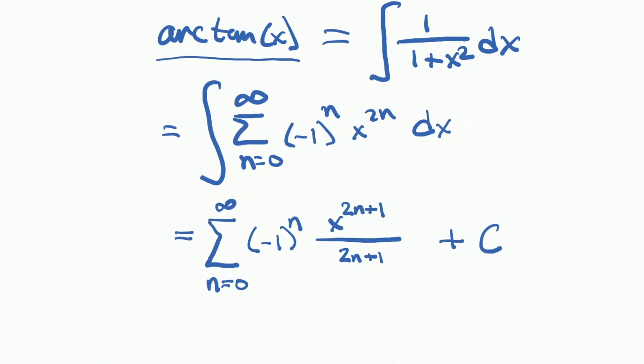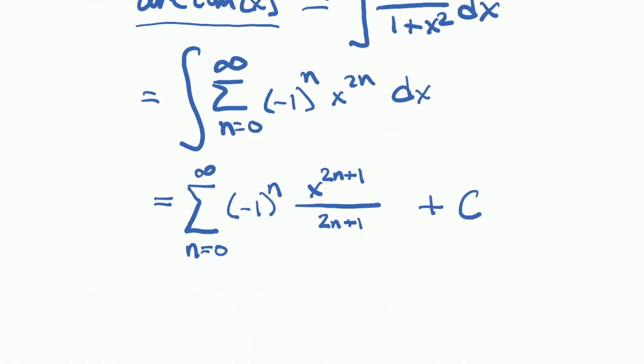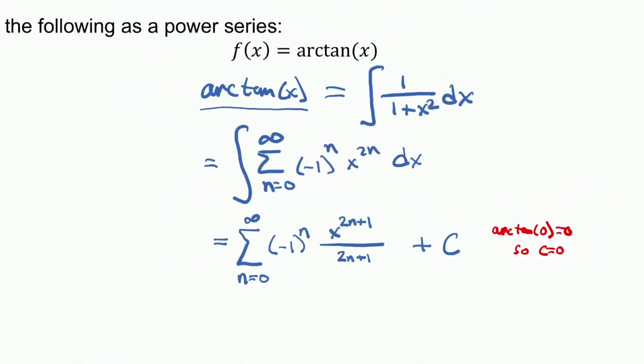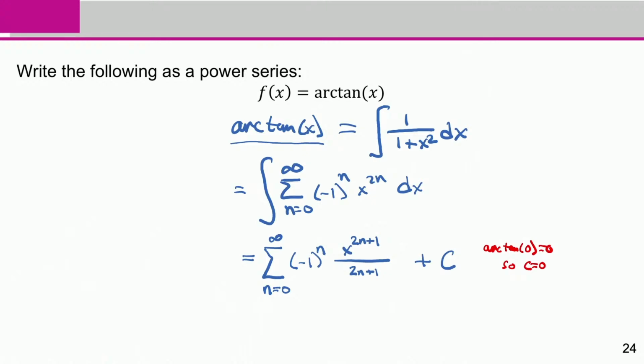So c has to equal 0. So I'll make a little note down here that arctan of 0 equals 0. So c equals 0. And so this here is the power series representation for arctangent of x.